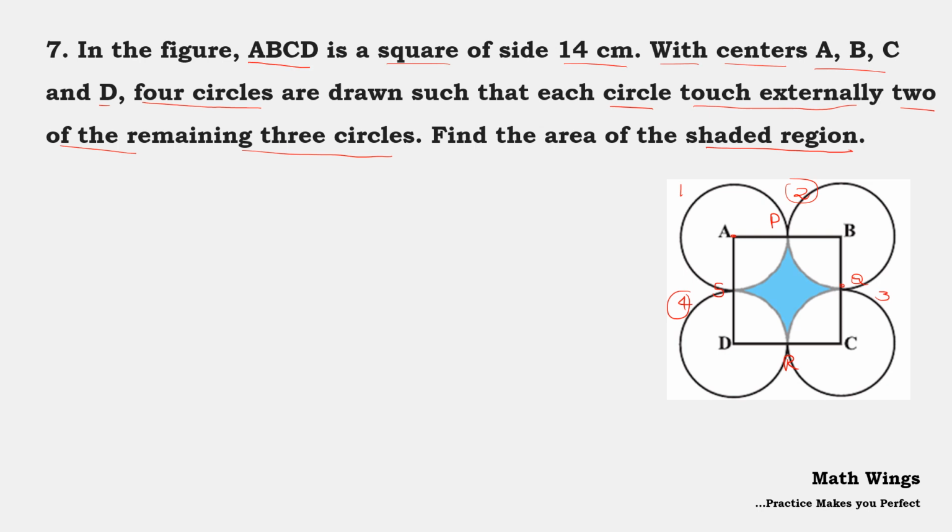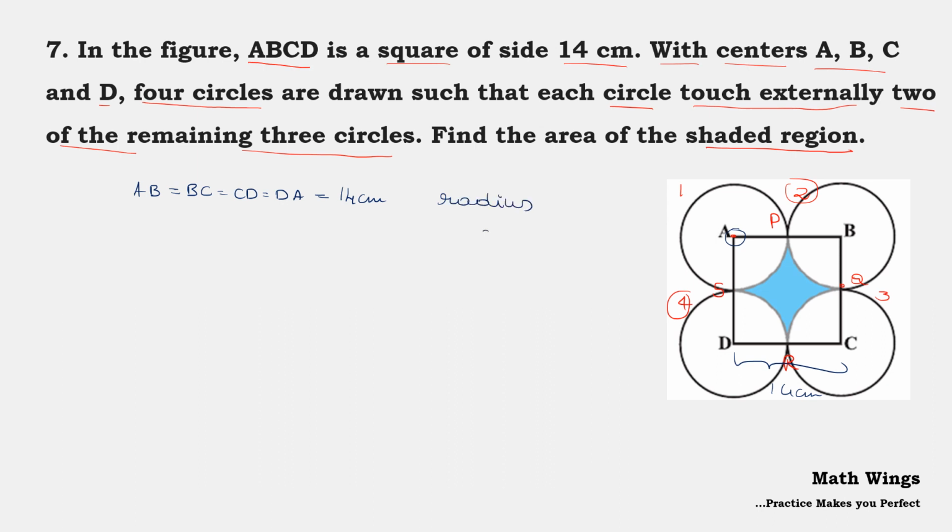Here we are given the side of the square as 14 cm. So what we can write is AB is equal to BC, equal to CD, equal to DA, that is equal to 14 cm. Correct? And we have drawn the circles by taking the vertices of the square as centers. So here, what is the radius of the circle?